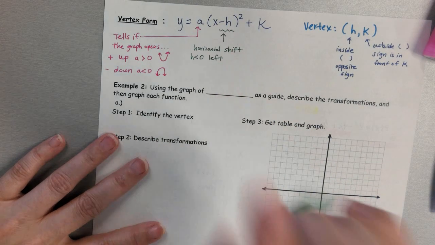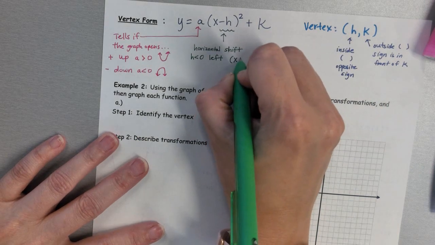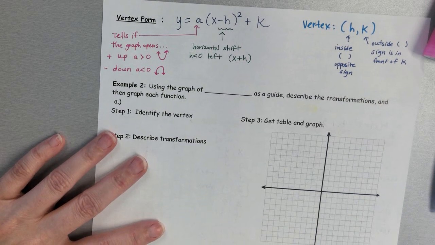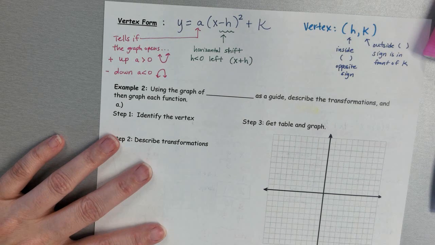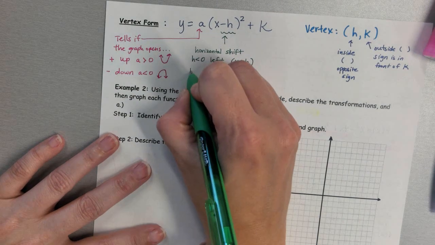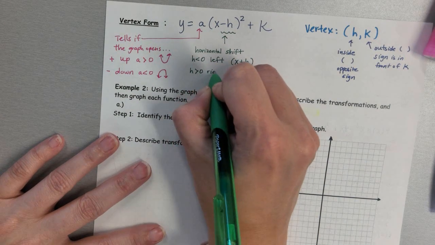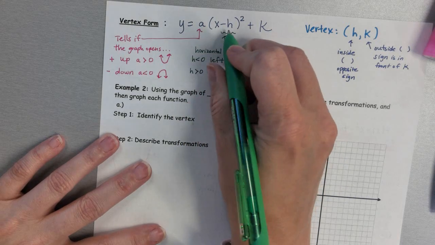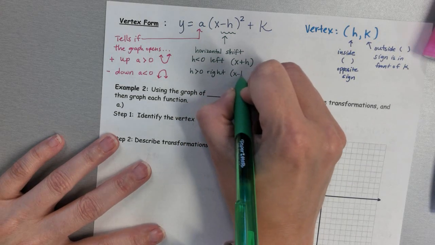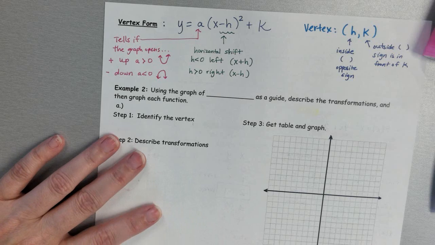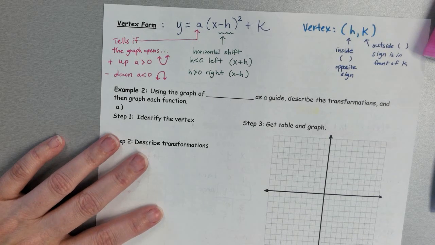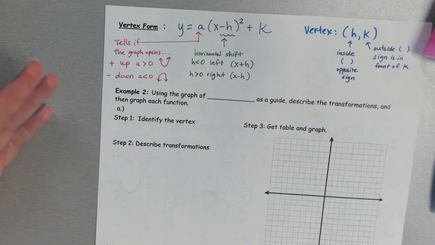But when you plug the negative in there, what you actually see is the x plus h. And then if your h value is positive, it's going to the right. But then when you plug in a positive, you actually see that minus. So we are going to be identifying transformations. That's why we're going over this.